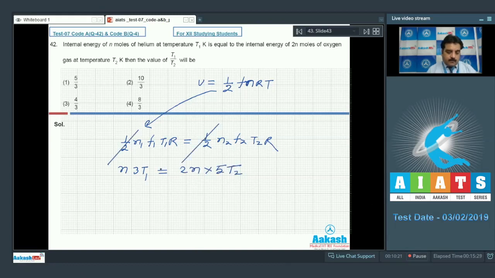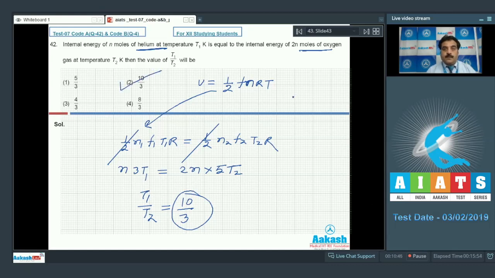Because 1 by 2 will cancel out, and helium is monoatomic and oxygen is diatomic, so you place the degrees of freedom accordingly, 3 and 5. On solving, the ratio T1 upon T2 will be 10 by 3. By this calculation, option number 2 will be the right choice.